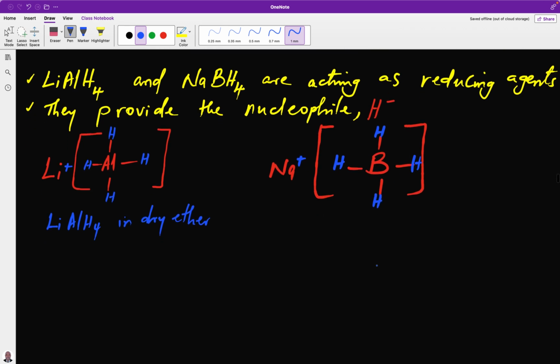This structure, NaBH4 in aqueous alcoholic solution.